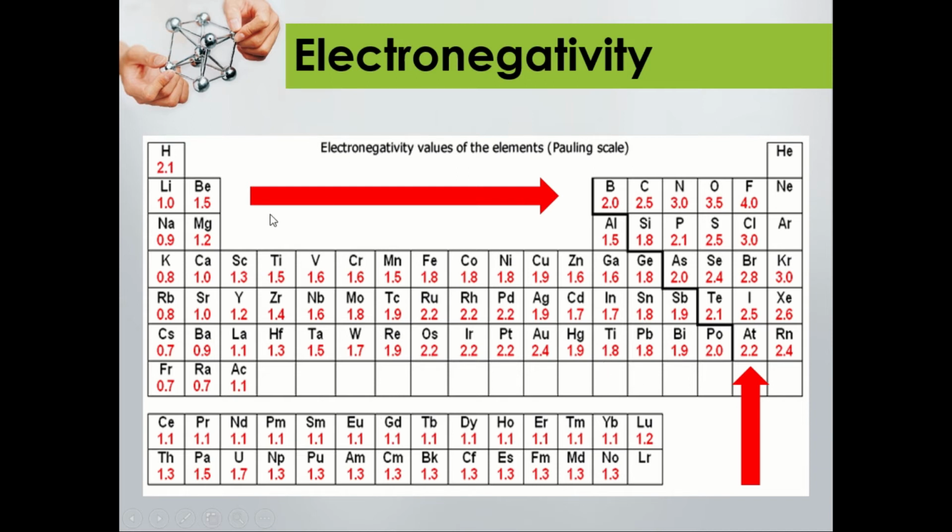As we can see from the red arrows, the more we go towards the nonmetal part of the periodic table, the higher the electronegativity values are. Nonmetals usually have higher electronegativity values than the other elements. Take note, class, hydrogen is also a nonmetal. That is why it has a high electronegativity value.